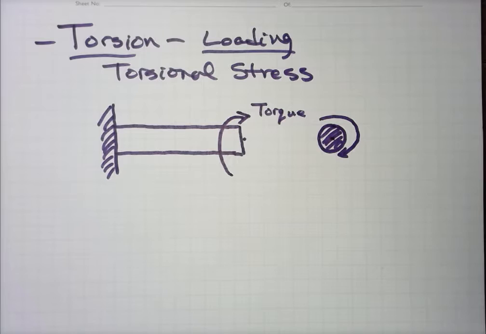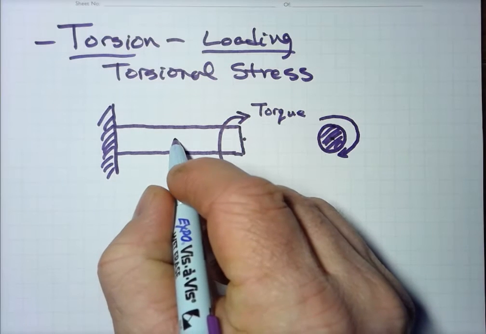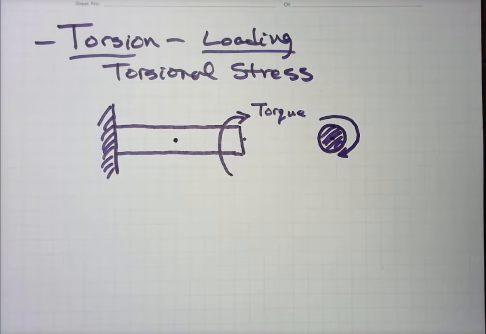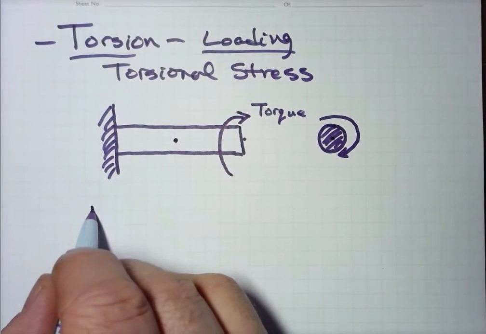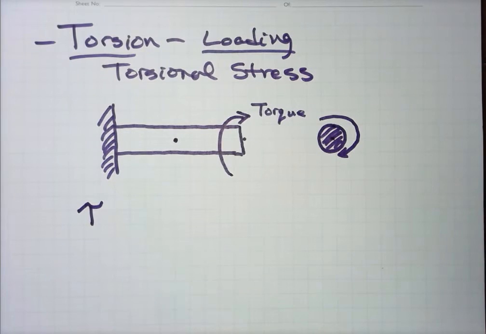So the question is then, how would you calculate the stress at a particular point? What would you need to know to calculate the stress for that point? Well, a couple of things. First of all, as I said, it's parallel, so the stress is a shear stress.